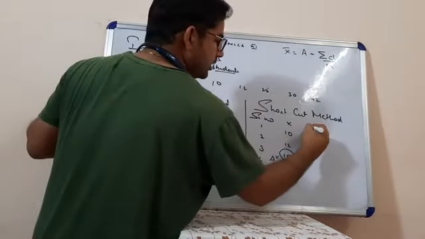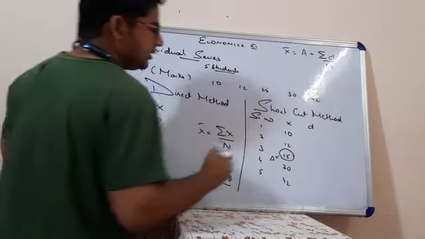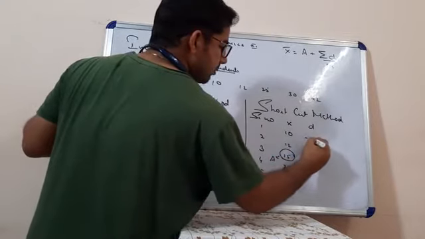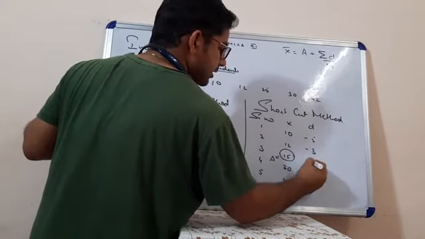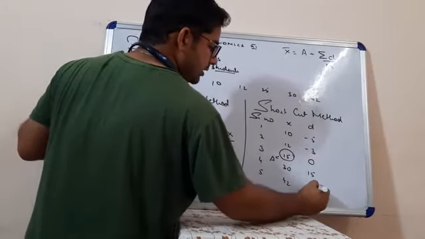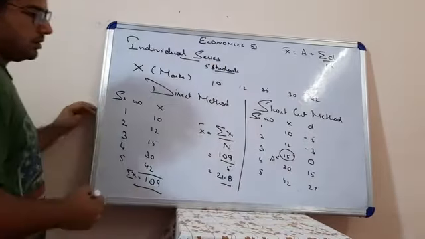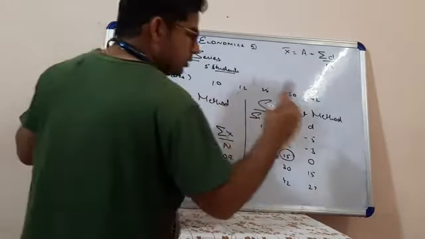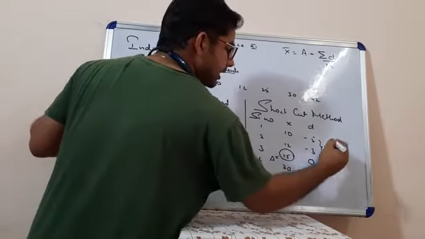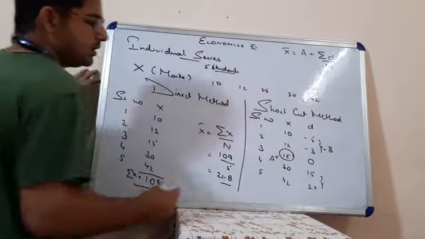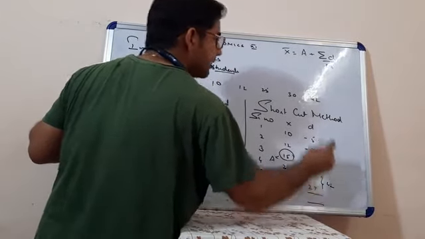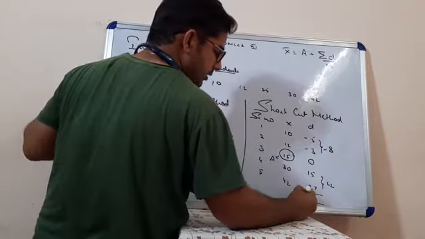First of all we calculate the deviations here, taken from the assumed mean: minus 5, minus 3, 0, 15 and 27. Clear? Now you can calculate the negative sum, minus 8, and the positives 15 and 27, and at the end calculate the summation of deviation which is required here.